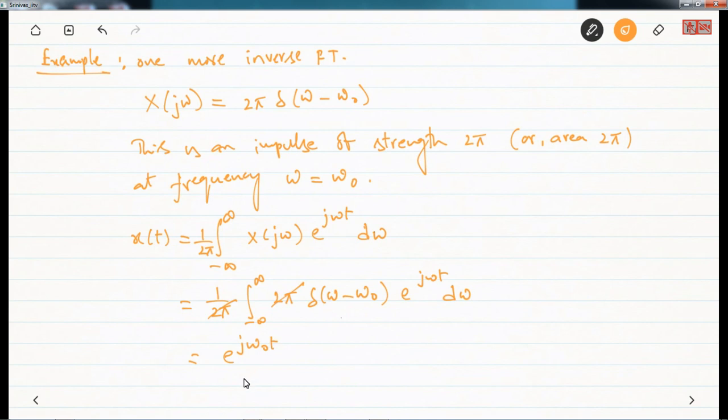This is nothing but a complex exponential at frequency omega naught.